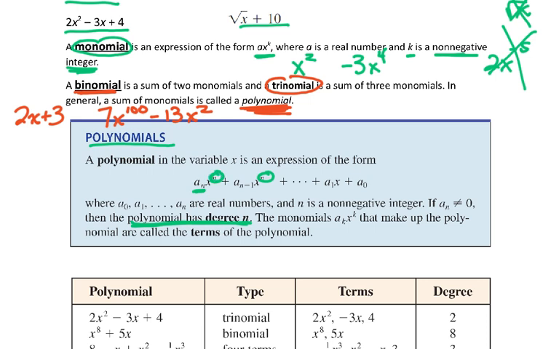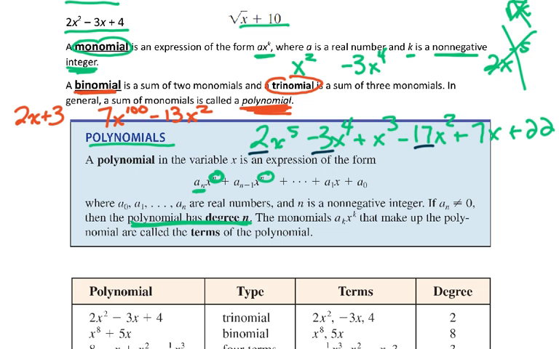So for example, a polynomial might be something like 2x to the fifth minus 3x to the fourth plus x cubed minus 17x squared plus 7x plus 22. These are each your coefficients, right? And it's okay to have a coefficient of 1, just like there is there.